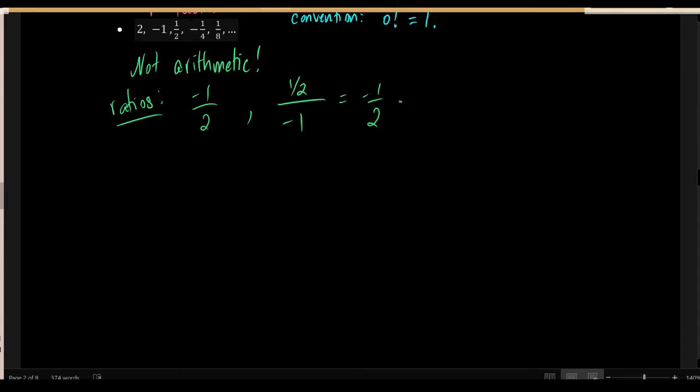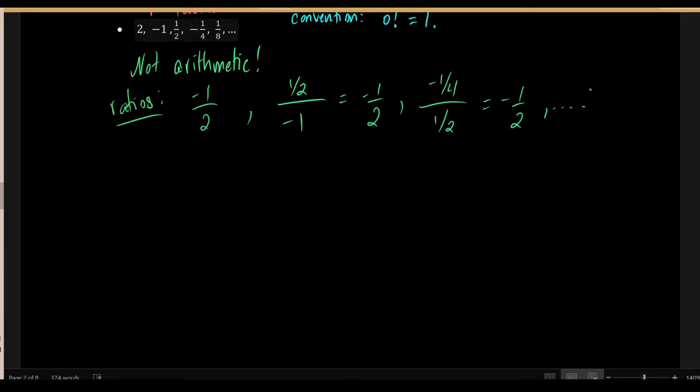If I calculate the ratio of negative 1/4 to the previous term, positive 1/2, then that is also equal to negative 1/2, and so on and so forth, all the way down the line. In other words, every time I move from one term in the sequence to the next, I have to multiply by the number negative 1/2.